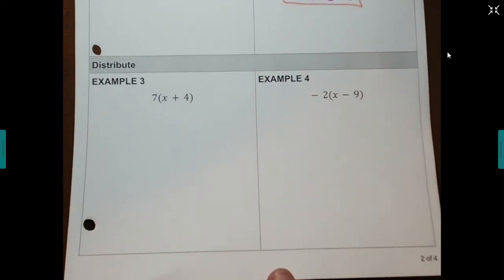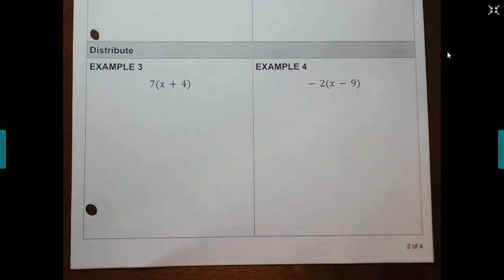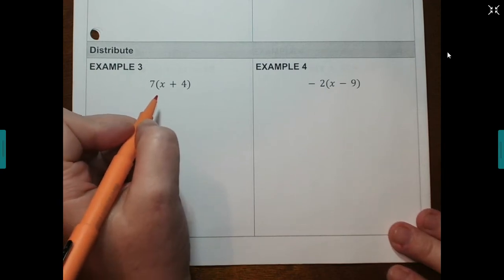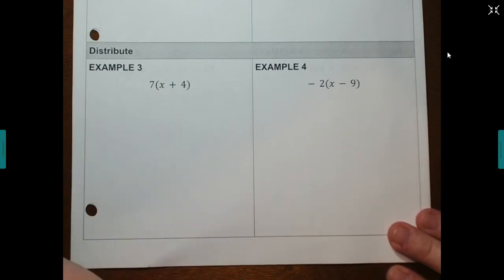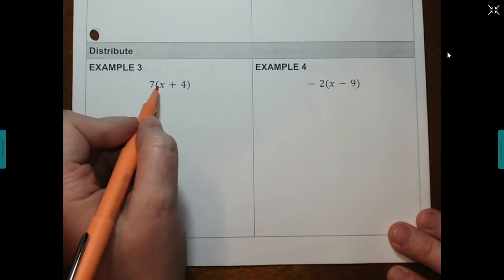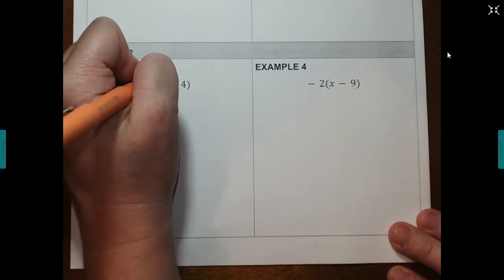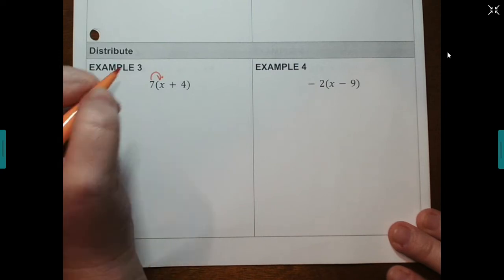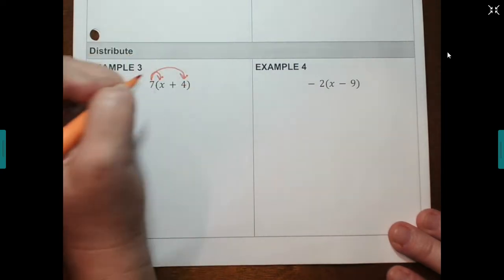We're going to do some quick distribution examples. These should be super, super quick. So remember, we need to take the number outside of the parentheses and multiply it by each number, each piece, each term inside of the parentheses. So our 7 has to get multiplied by x, and it has to get multiplied by 4.